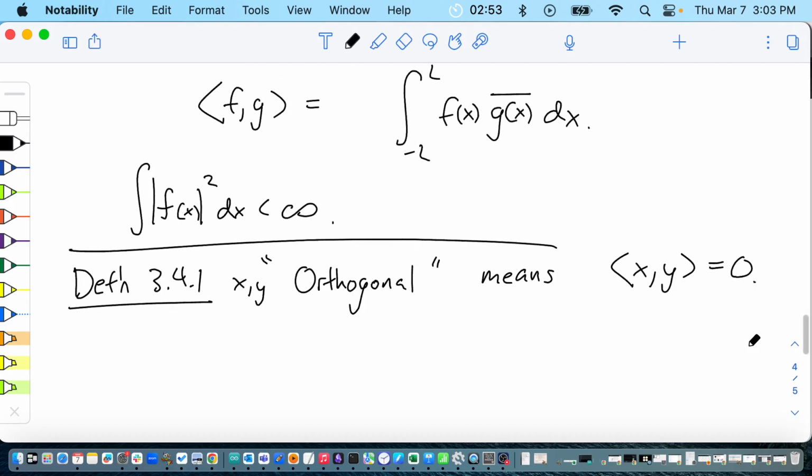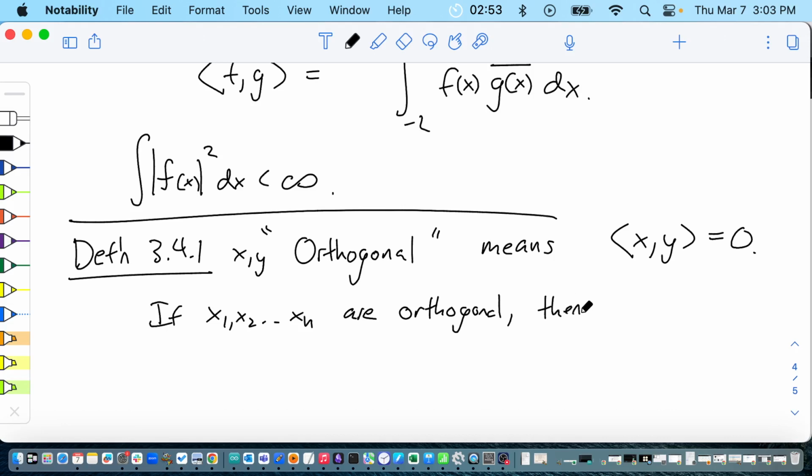And the reason really is fundamentally what I showed you on the first day of class, which is that if you have a sequence x1, x2, up to xn, and they are orthogonal, then you can write linear combinations of the x's to make anything you want by doing the inner products.